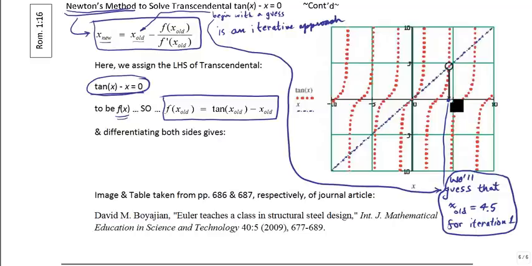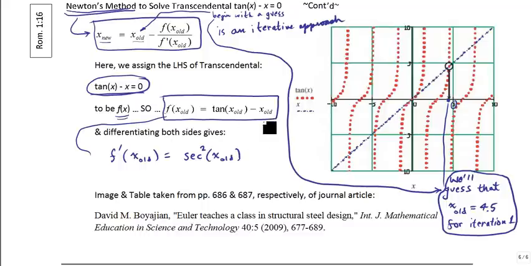Now coming back to this function, if f of x is equal to tan of x minus x, that means that if we differentiate both sides, we're going to get f prime of x sub old. The derivative of tangent of x is secant squared of x, so we're going to get secant squared of x sub old.